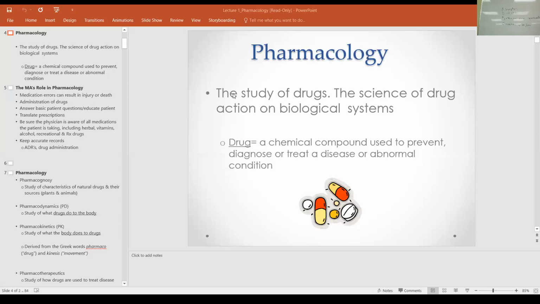There are some things that affect the usefulness of drugs. One of them is the interaction of drugs.